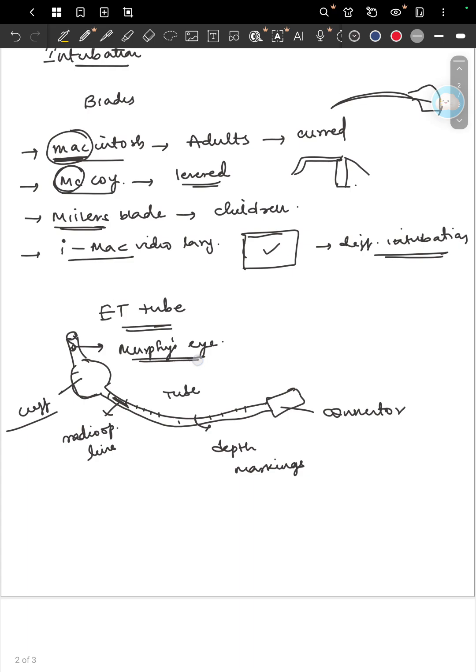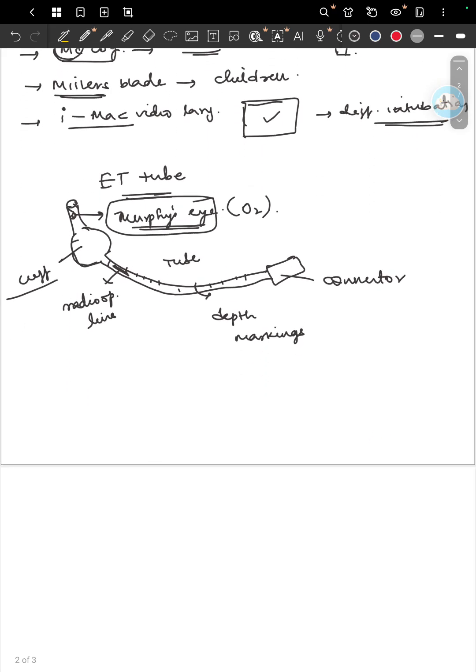So Murphy's eye is also present. This is used for delivering oxygen, like in case the main tube is closed and there is no way for oxygen delivery, Murphy's eye will act as an emergency part to deliver oxygen. In order to check whether the ET tube is inserted in the right position or not, we'll be doing a chest x-ray, or we can also measure end tidal CO2.